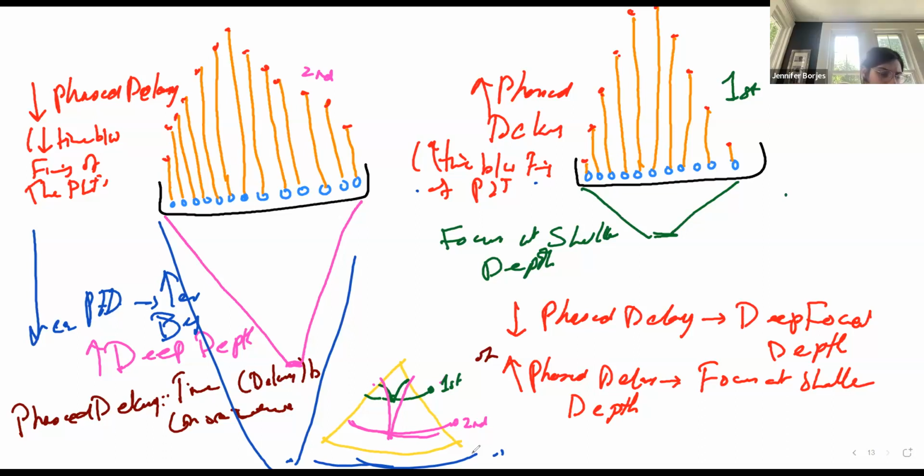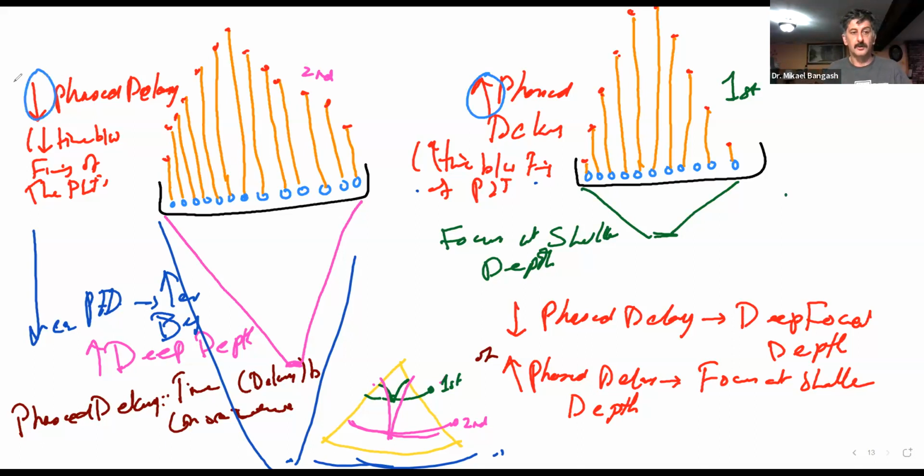Yes. Okay. So the depth at which the beam is focusing is going to be all dependent on how long or short the phase delay is. What was that phase delay?